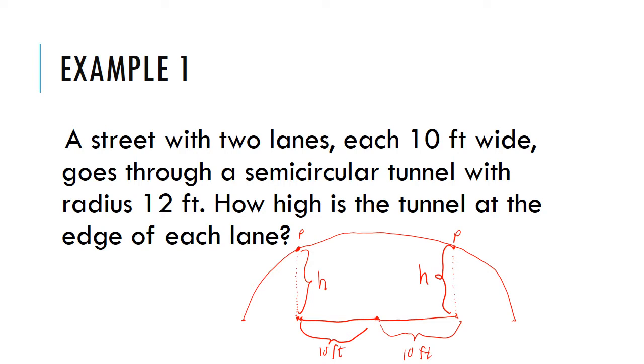So I'm going to proceed with the empty slide. Suppose I have here the x and y axis. For simplicity, I would draw the center of the lane to be at the origin.